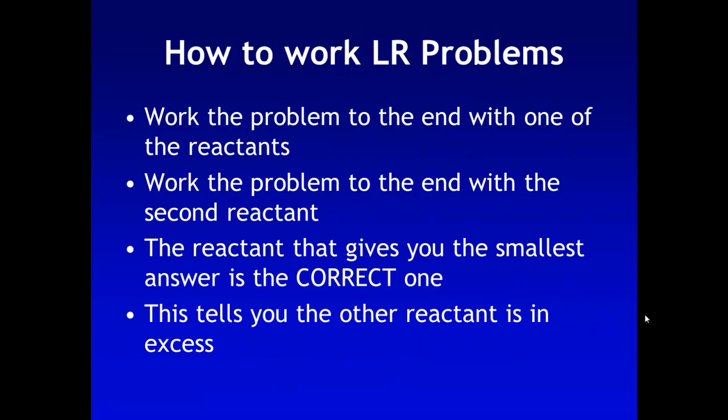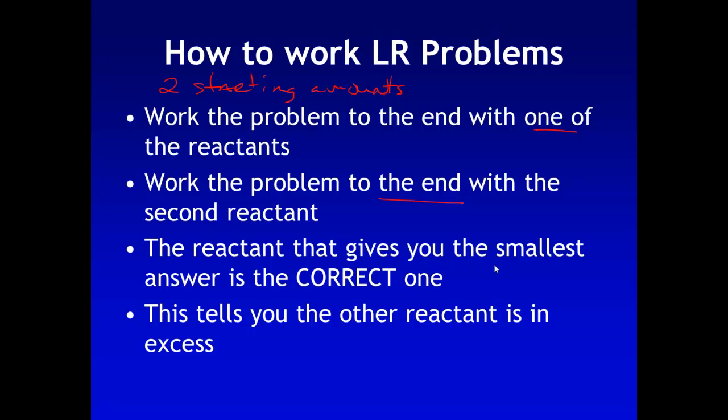So when you're solving these for a chemistry class, what you're going to find is you are going to have 2 starting amounts in the problem. What you're going to do is work the problem to the end with one of the reactants, and work the problem to the end with the second reactant.